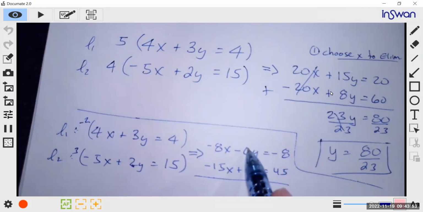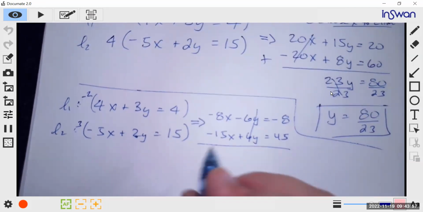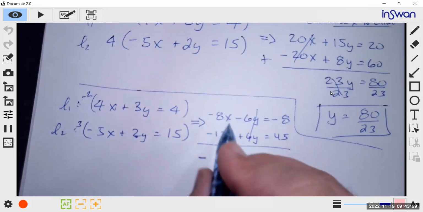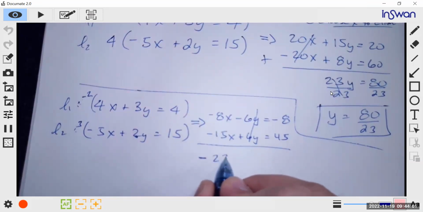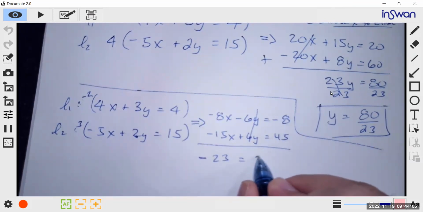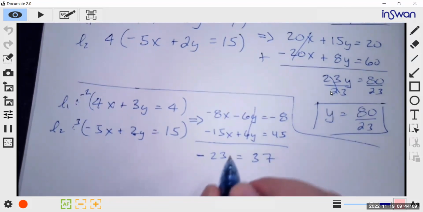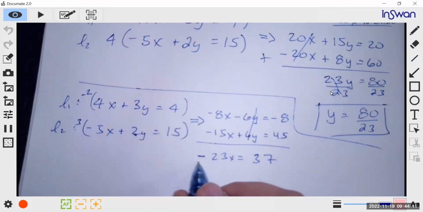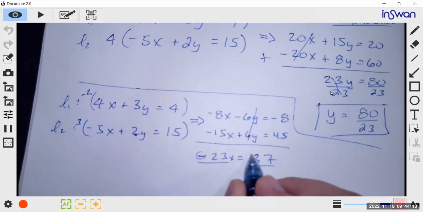Now I have the same numbers, different signs, so when I add them, the y's are gone. 15 plus 8 is 23, with the sign negative. 45 minus 8 is 37. Change of signs, so we have 23x equals negative 37.